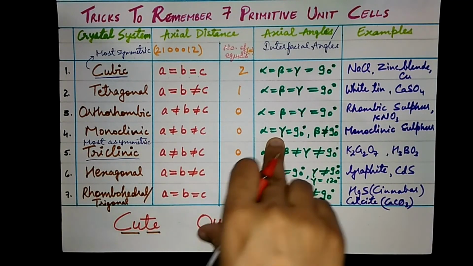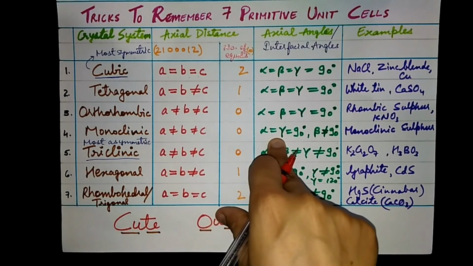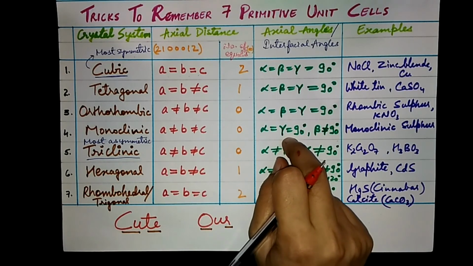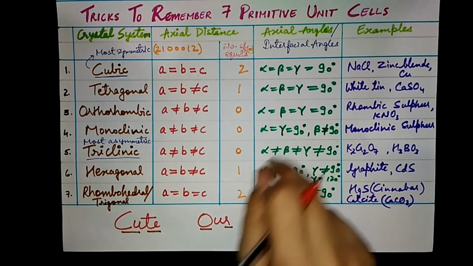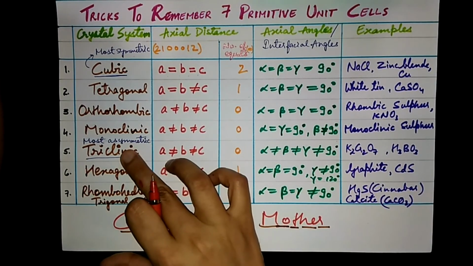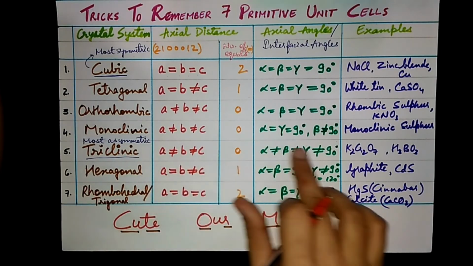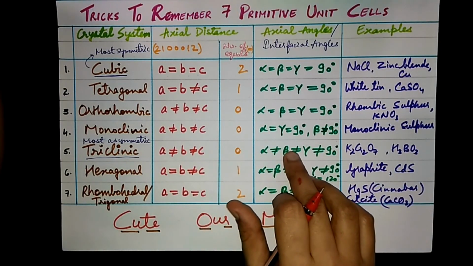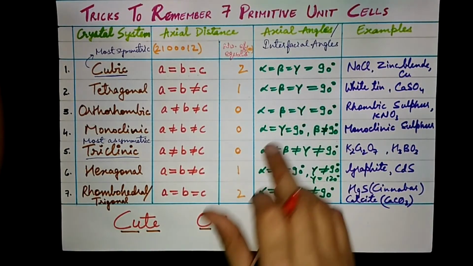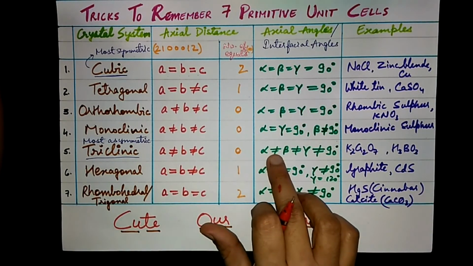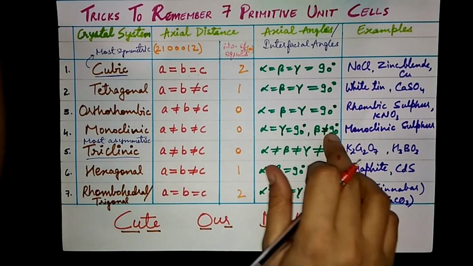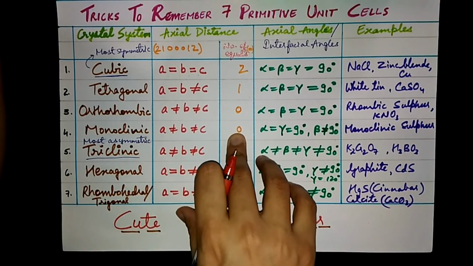In monoclinic you can see alpha equal to gamma equal to 90 degrees, which is the given dimension as per our question. And you know triclinic is the most asymmetric, so all the angles are unequal. So orthorhombic is eliminated, and triclinic, having all angles unequal, is also not present. So monoclinic will be the option for 0 equalities.